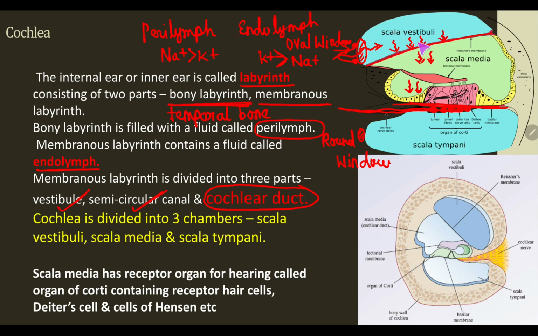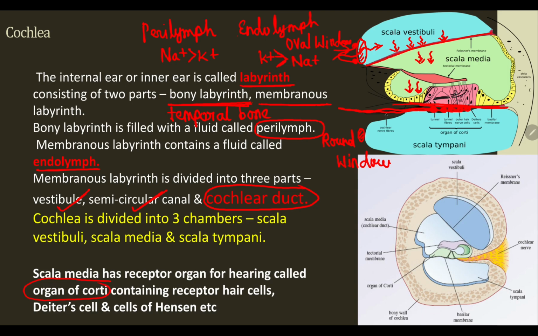So the sound wave enters and causes vibration in the perilymph. Then it vibrates Reissner's membrane. Reissner's membrane vibrates the endolymph, and then it vibrates the basilar membrane. On the basilar membrane, one sensory organ is present, called the organ of Corti.